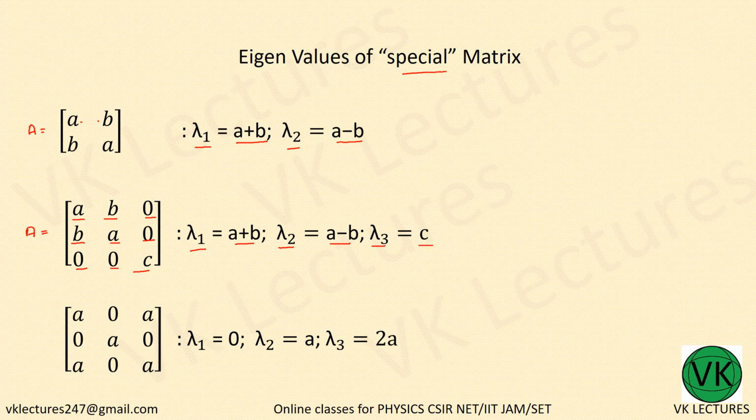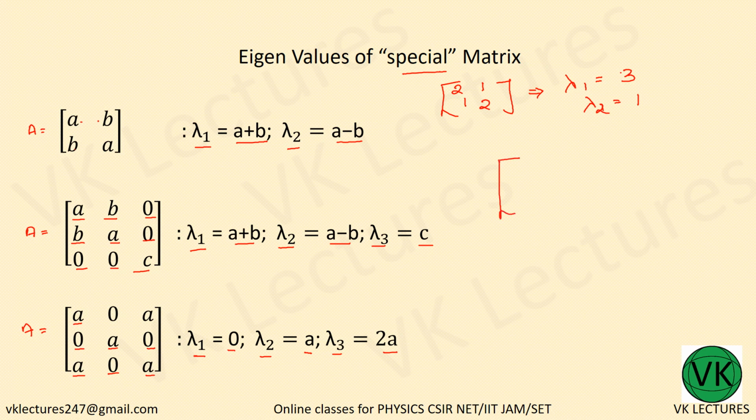Now suppose you have a 3 by 3 matrix a 0 a, 0 a 0 and a 0 a, row wise. So lambda 1 equals 0, lambda 2 equals a and lambda 3 equals a. Now for example I am writing here 2 1 1 2, then lambda 1 equals 3 and lambda 2 equals 1.